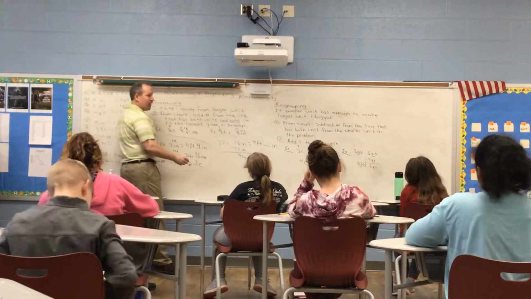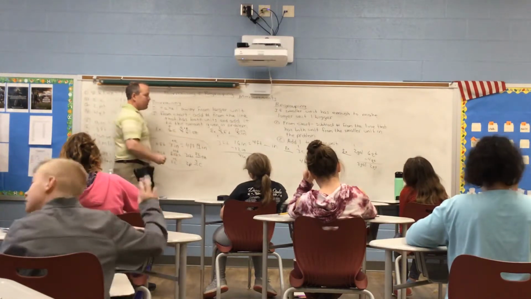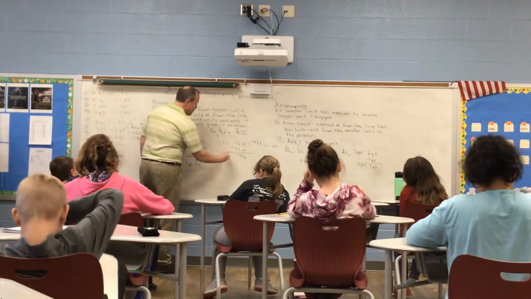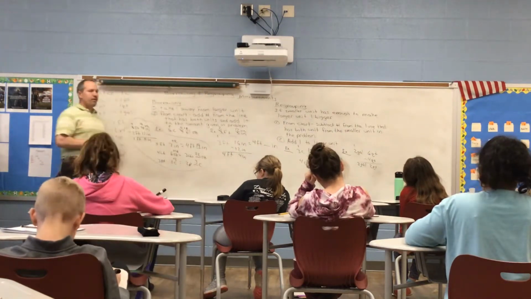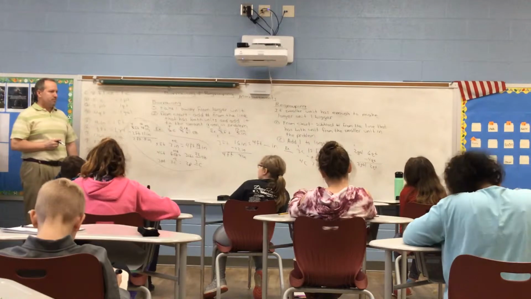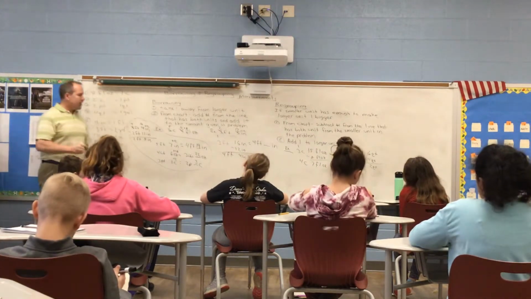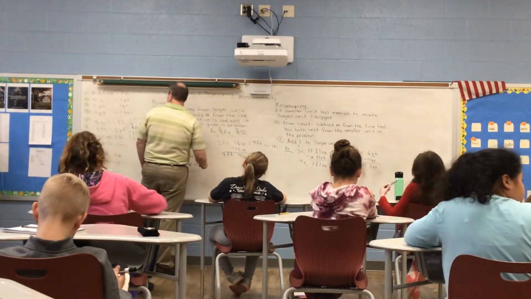That 12 inches that we borrowed, that we took away, became 1 foot. And now 3 plus 1 equals 4, giving us 4 feet 4 inches. Does that make sense?